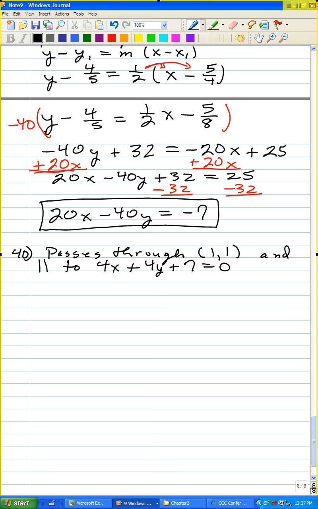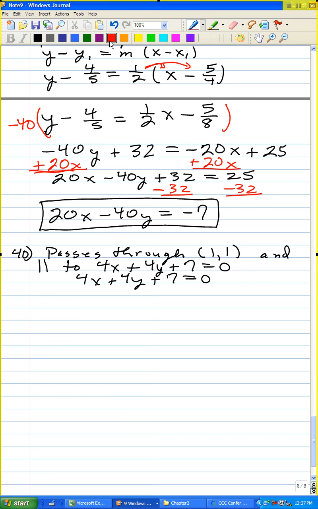So first, I want to determine the slope of the line 4x plus 4y plus 7 equals 0. And so, to find the slope of a line given by an equation, I want to put it into slope-intercept form.